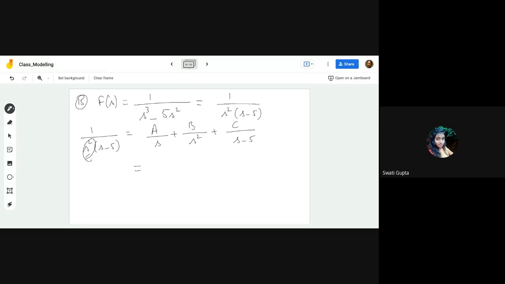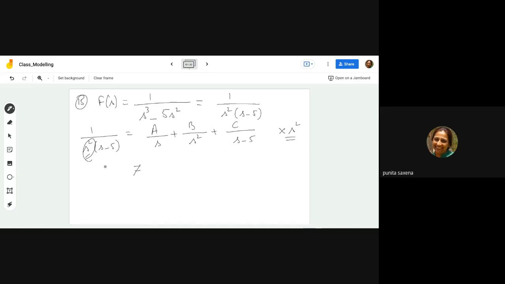Ma'am, usually we take the LCM, split it completely, then equate the coefficients, like what is the coefficient of s square, what is of s cube. But at times, finally, it becomes tedious and lengthy. Okay. So what we can do here is multiply both sides by s square.